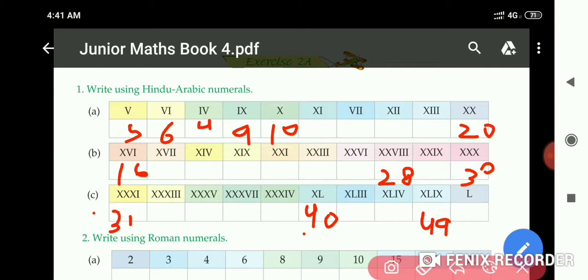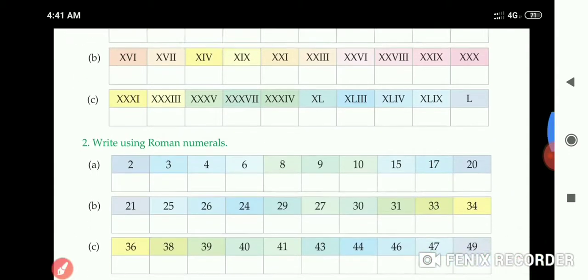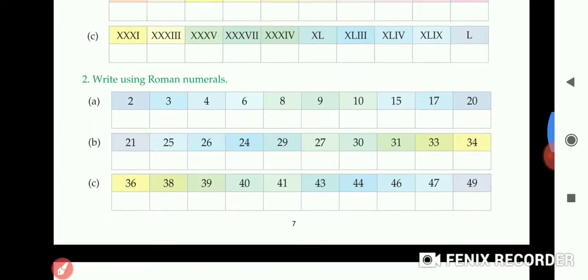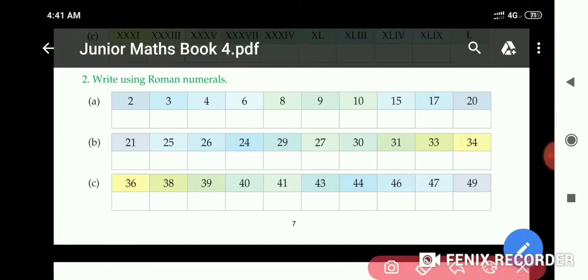Now question number 2. Write using Roman numerals. Here numbers are given and we have to write down the Roman numbers. How will we write down the Roman numbers? It is 2, so we will write down here 2. It is given 8.